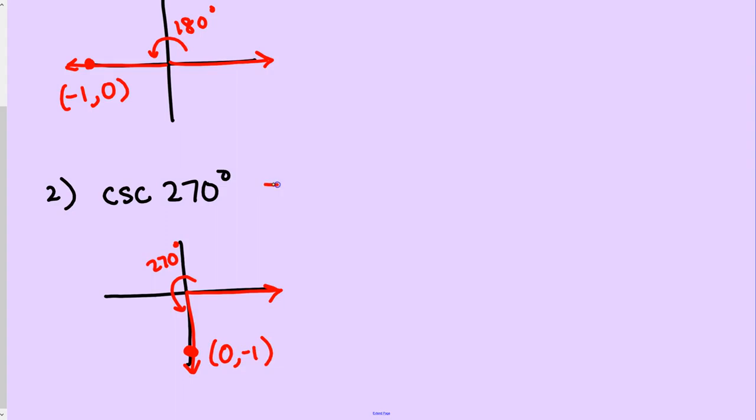Now cosecant is the reciprocal of sine, so instead of y over r, we want r over y. We want hypotenuse over opposite if it was a triangle. And remember the r value is going to be 1. So we end up with just 1 over negative 1, so our answer is negative 1.